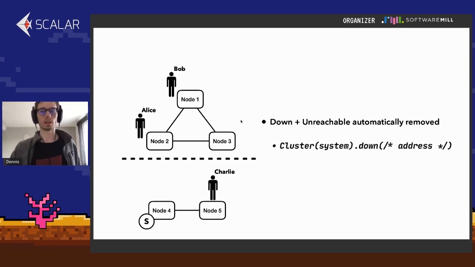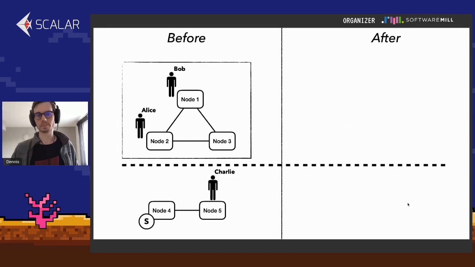Because then Akka will see, oh, there's a singleton missing on our side, let's start it up there, and same for Charlie. And so you do this programmatically, for instance, here by just calling a cluster.down with the address of the nodes that you want down.